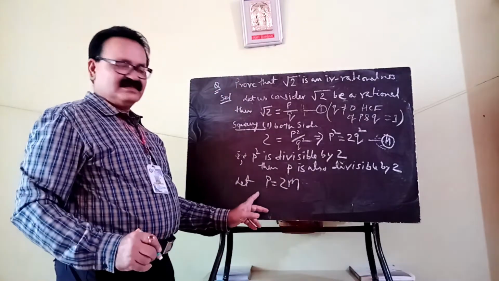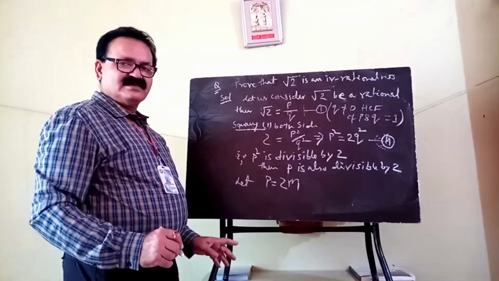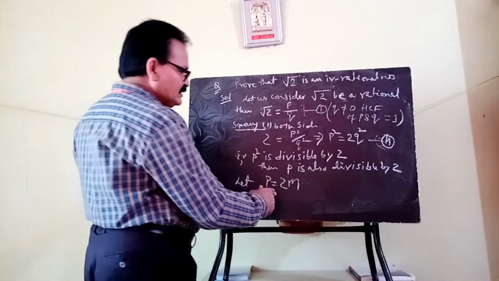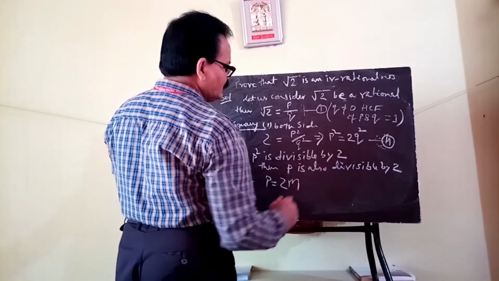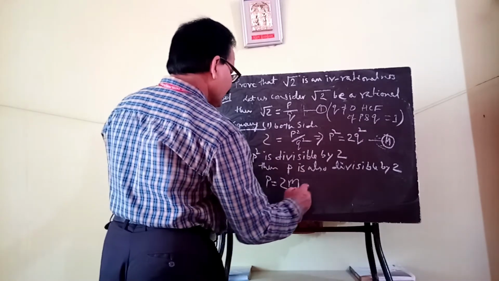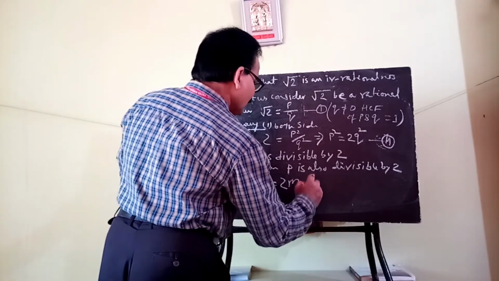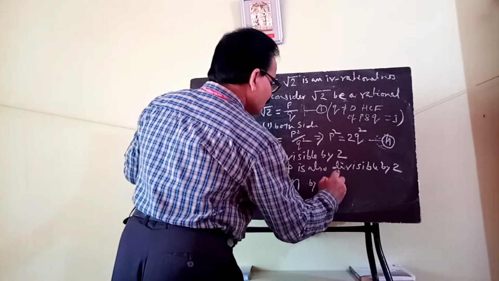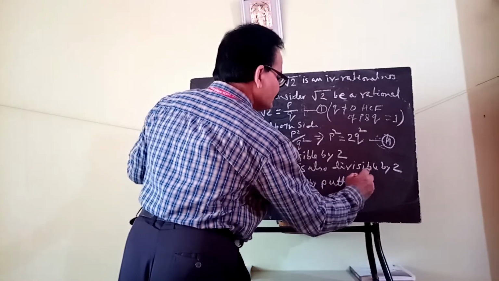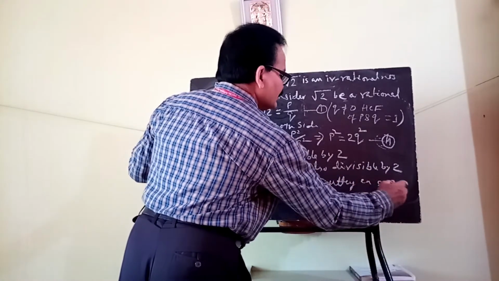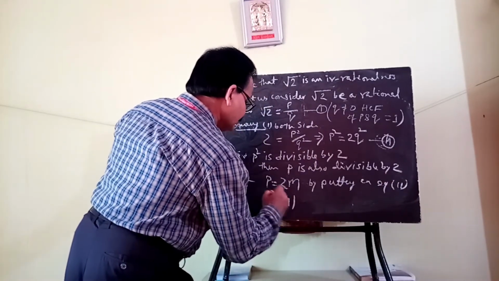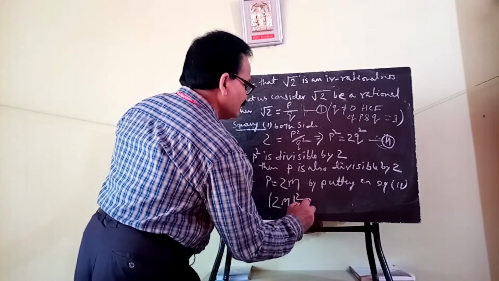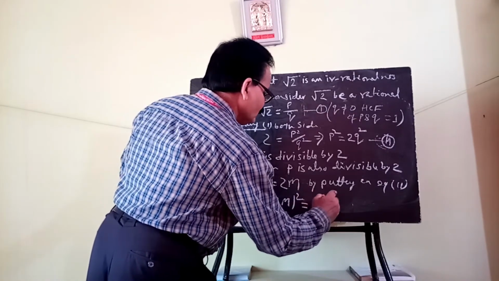let p equal 2m. Now put this value p equals 2m in equation 2. So by putting it in equation 2 we have (2m) square equal to 2q square.